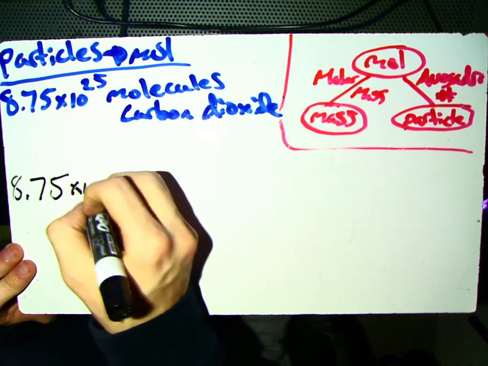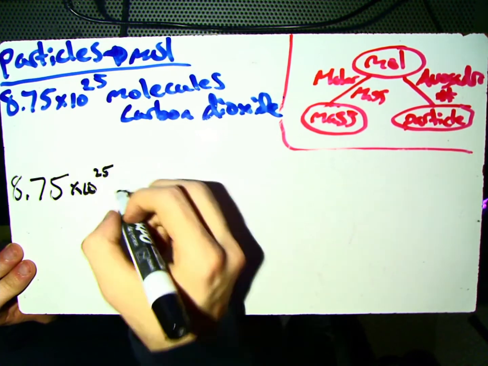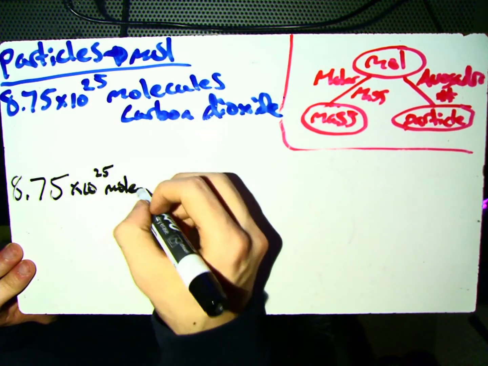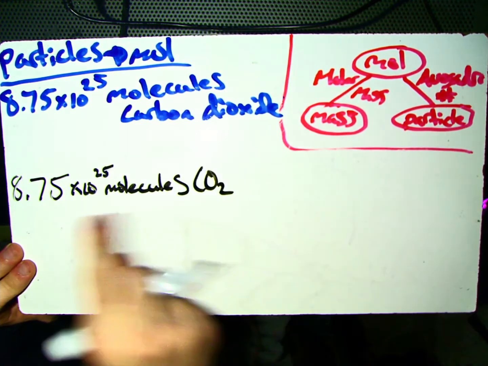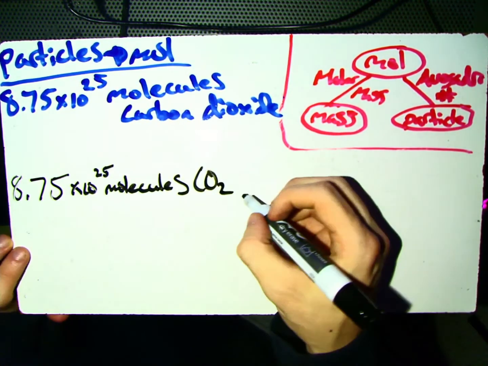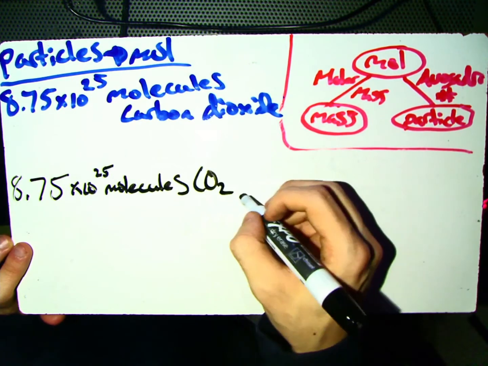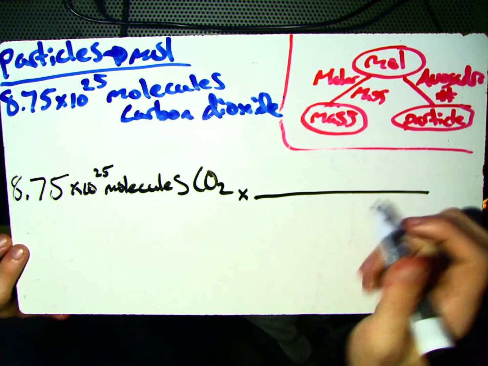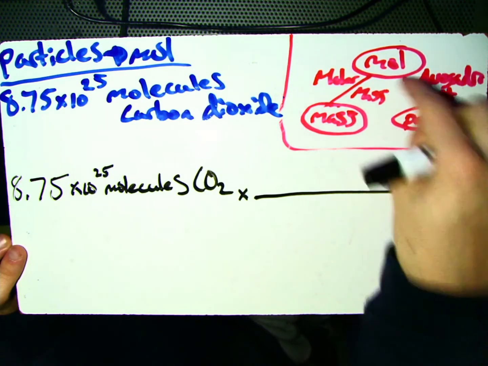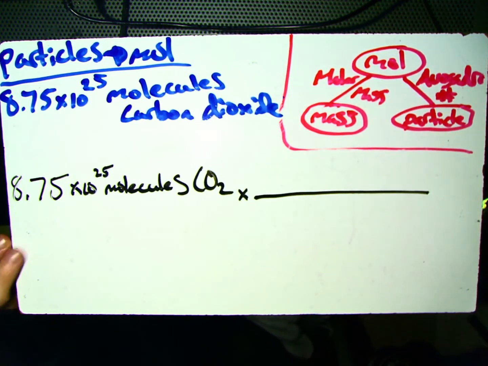8.75 times 10 to the 25 molecules of CO2. Wow, that filled up like half the board. All right. Conversion factor time. We are trying to get to moles, and we know that we need to use Avogadro's number.